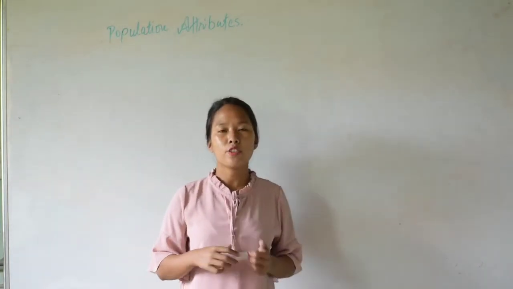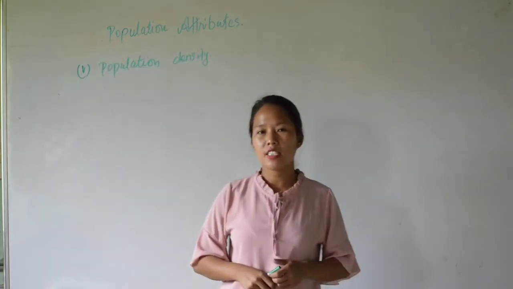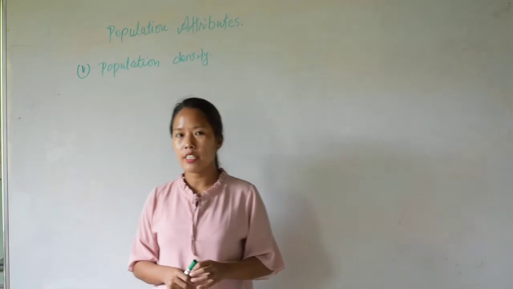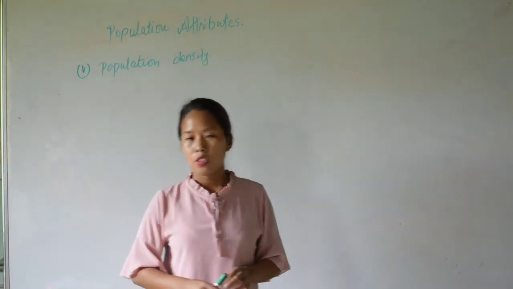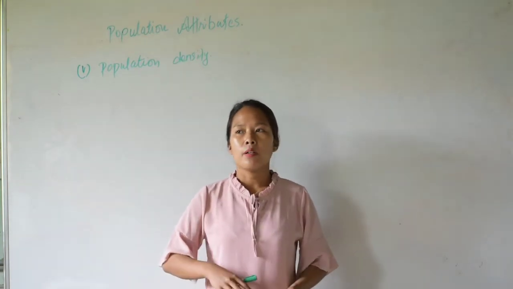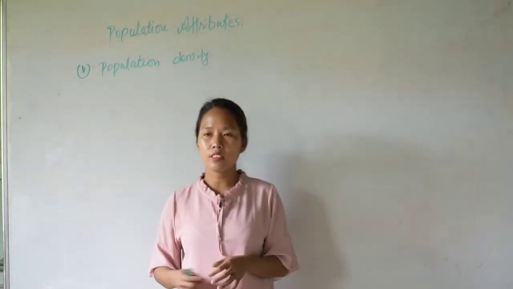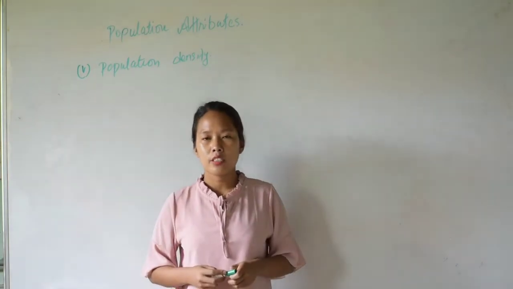Now, the fifth attribute of population is population density. Population density is expressed as the total number of individuals in a given area or volume at a given time. So population density is not necessarily calculated or measured by numbers only. Why? Because in some cases it is meaningless or difficult to determine.